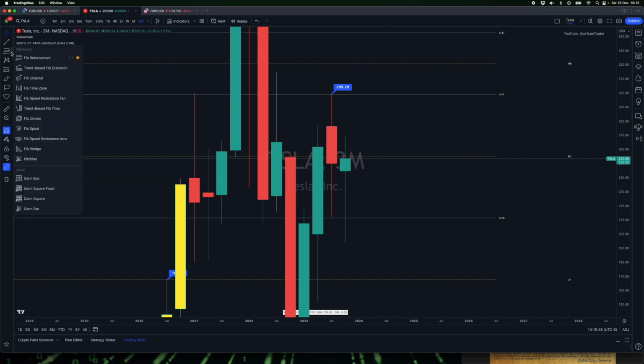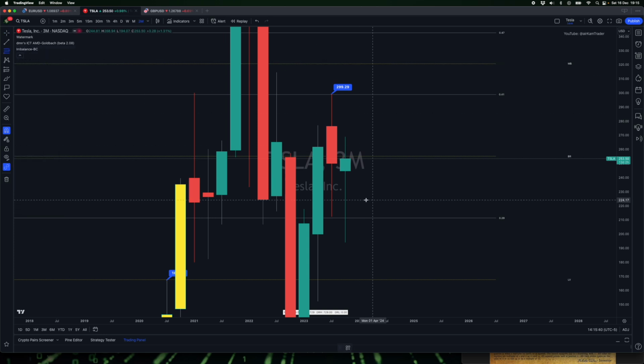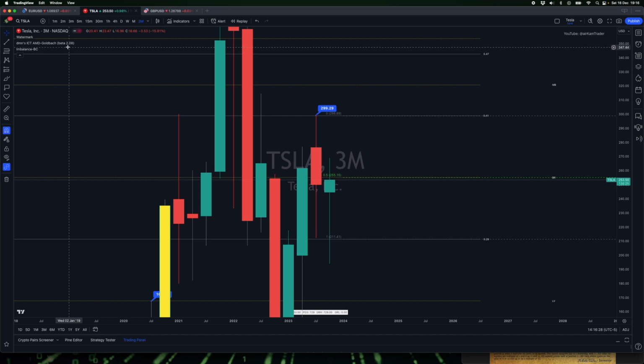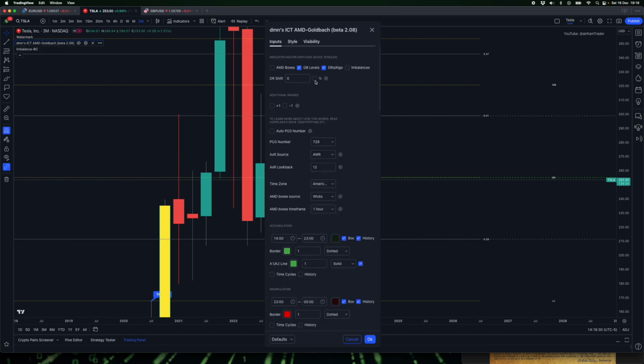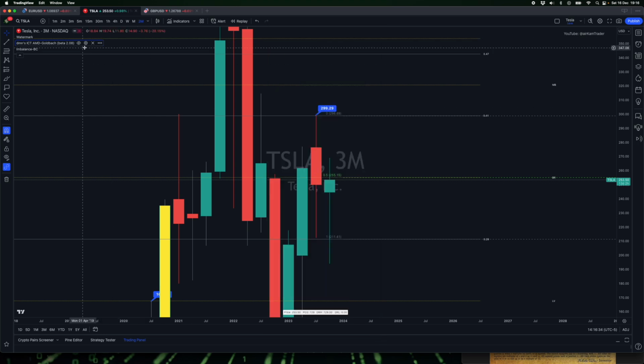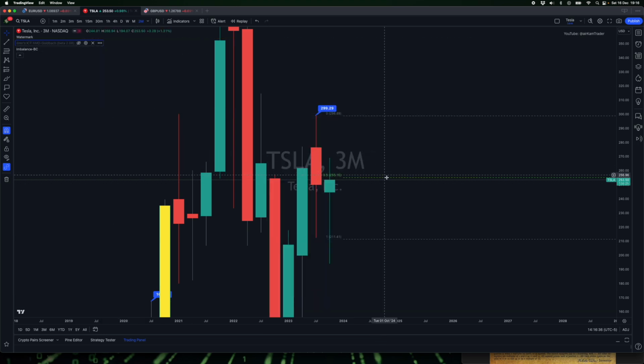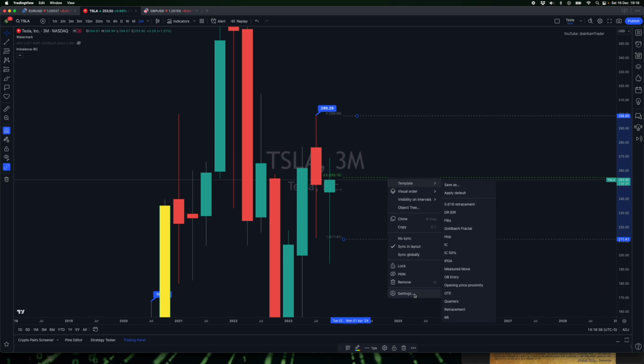Okay, so we start at the low, we go to the high. Now it's not super accurate because I'm doing it by eye. Now let me remove the indicator and I will use my Goldbach fib.